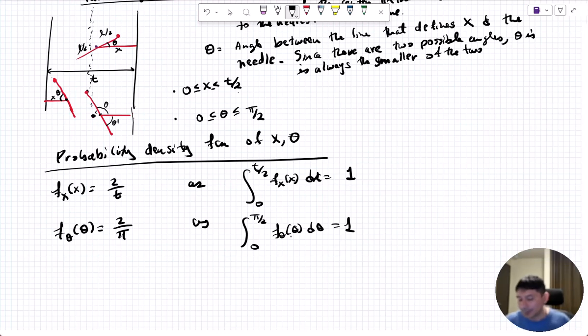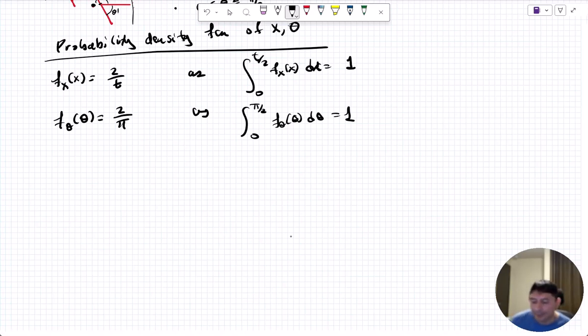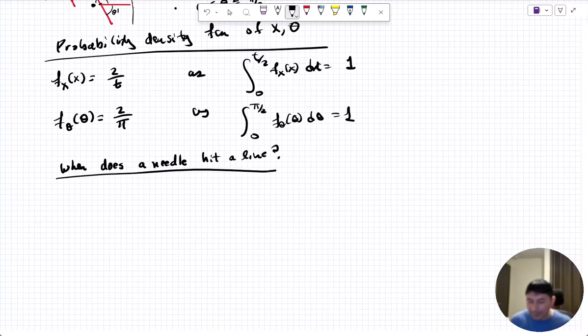So now that we have the probability density function for x and theta, let's ask the question, when does a needle hit a line? The answer will come from a geometric inequality.